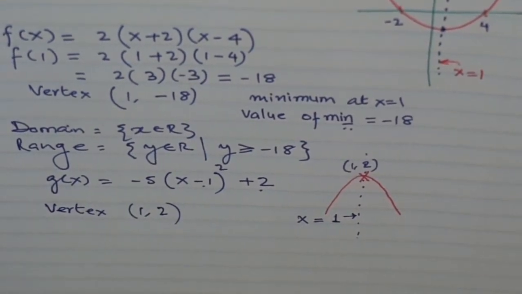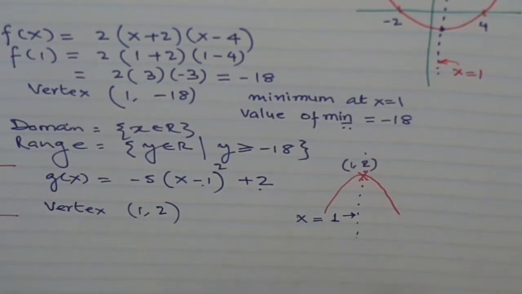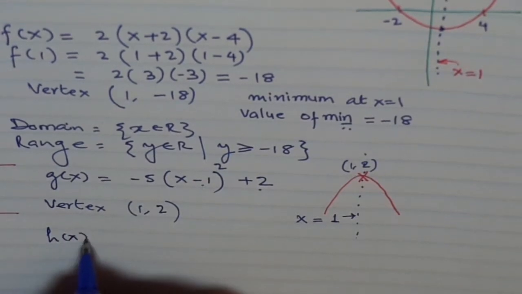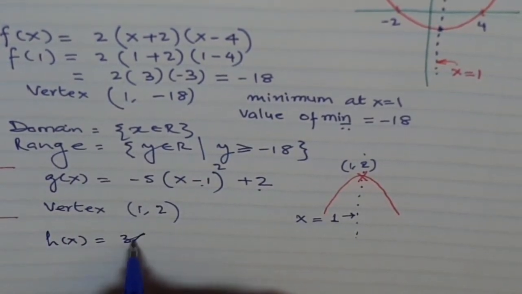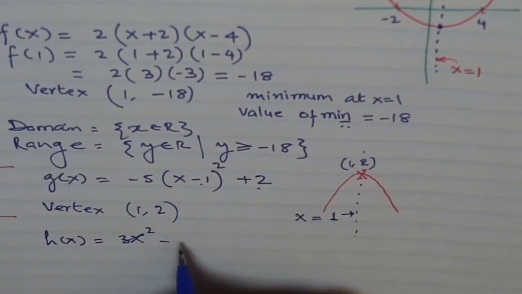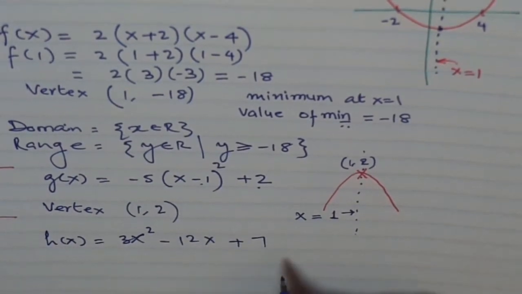But it is very difficult to find the axis of symmetry if I give you the equation in standard form. Let us say we have the equation h(x) equals 3x squared minus, let me write some value here, 12x plus 7.